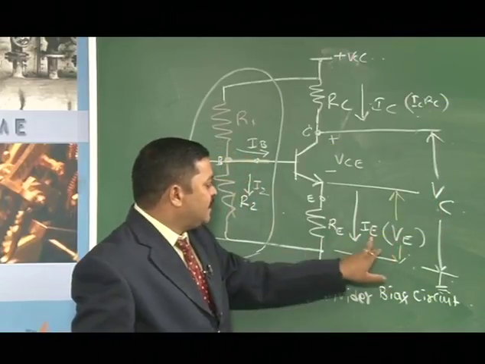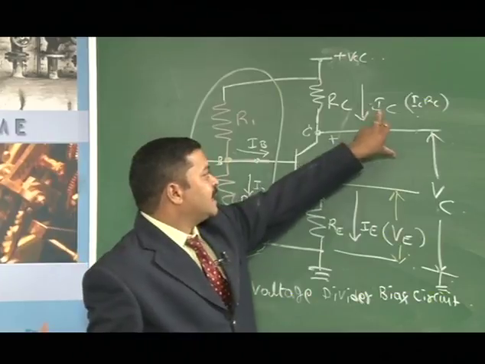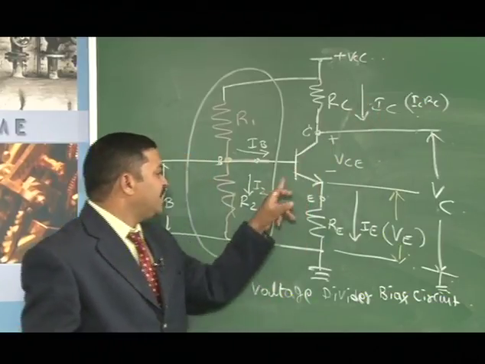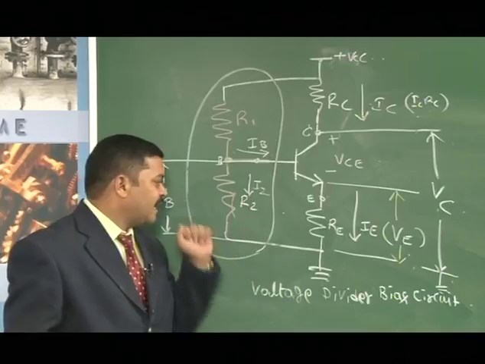And IE is the emitter current, IC is the collector current, and I2 is the voltage divider network current.